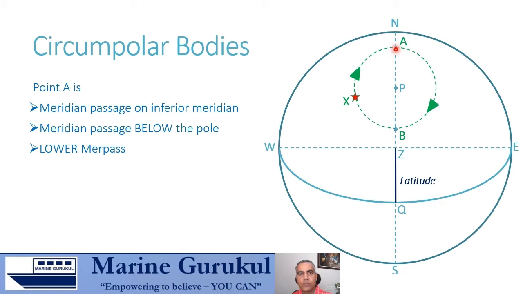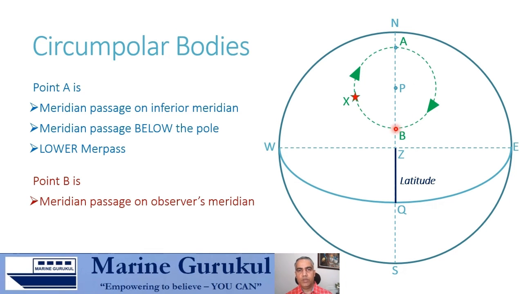For this reason, this is also called lower meridian passage or lower marpass. At the same time, point B is known as the meridian passage on the observer's meridian. It is also called meridian passage above the pole, because at this point the altitude of the body is represented by NB, November Bravo.